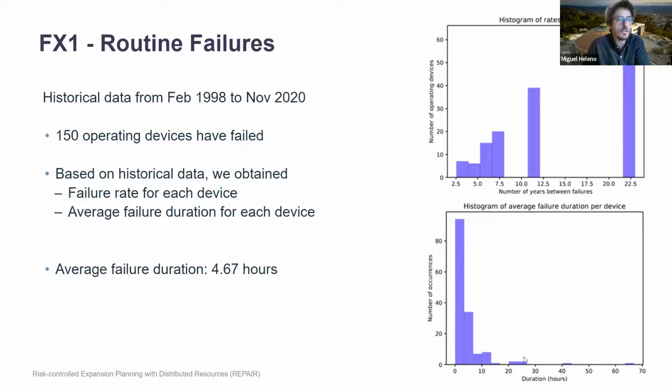Of course, there are a few long durations, one above 40 and one above 60, and I'm going to go into more detail. But these are rare or extreme events, things that happened over the last 22 years that were very impactful. But in general, the average failure duration is approximately 4 hours.